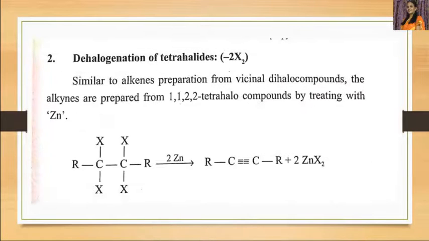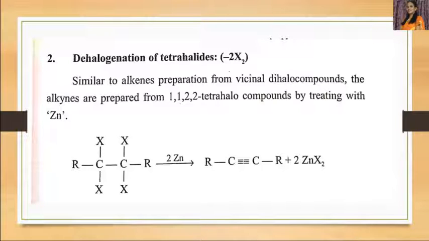Now let us see the second method of preparation of alkynes. This is dehalogenation of tetrahalides. What is that? Dehalogenation. De means loss. What is lost? Halogen atoms. Loss of halogen atoms of tetrahalides.